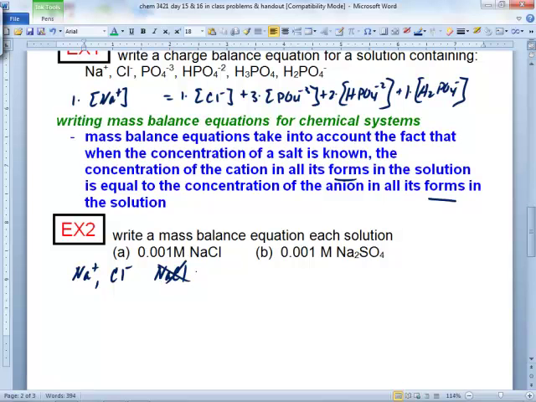Don't include it. So you identify all the species, and then the concentration of sodium in all its forms: you find anything with a sodium in it, set it equal to anything with a chlorine in it. Well, there's nothing really to pick, right? So these are going to be the same. Concentration of sodium equals the concentration of chloride, which in this case is what number? 0.001.